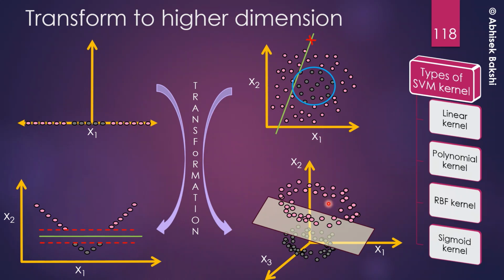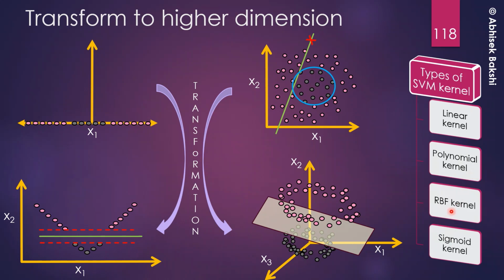Similarly, these are different transformation functions. The polynomial kernel means a polynomial function will be applied on the input data, and a new dimension, a new feature space, will be created, where the data will be scattered in such a way that you can easily have a linear boundary.